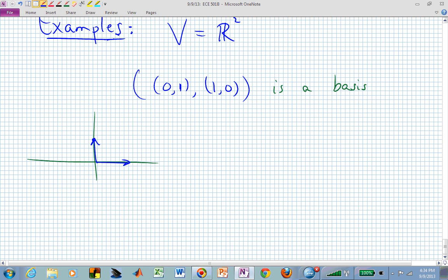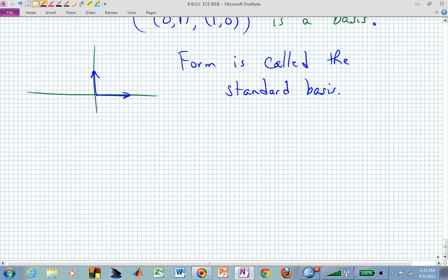And this is actually the form that we call the standard basis, this particular choice of having all zeros except one in one of the coordinate locations. So this form is called the standard basis.